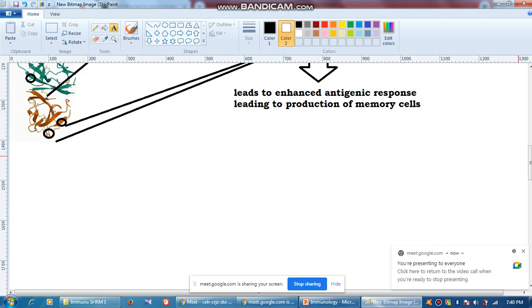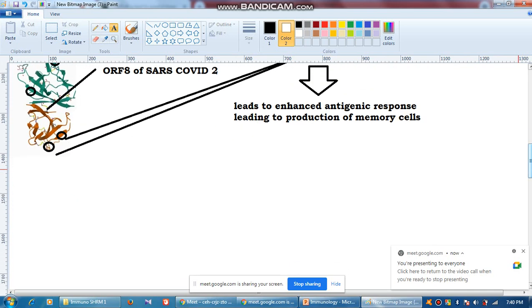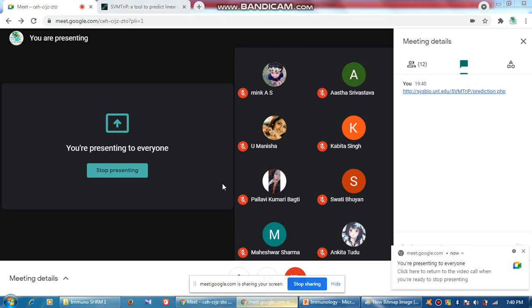So we will go here, and we will find out what exactly has happened in these areas. First of all, we will be clicking on it. This is our tool.